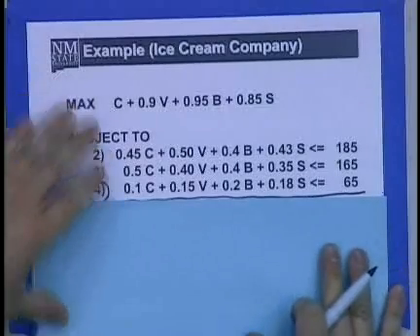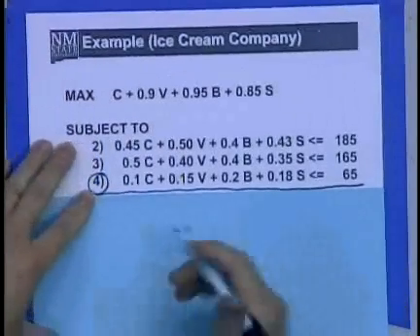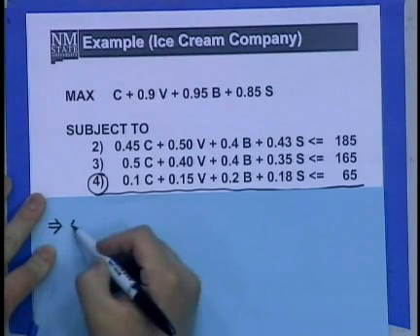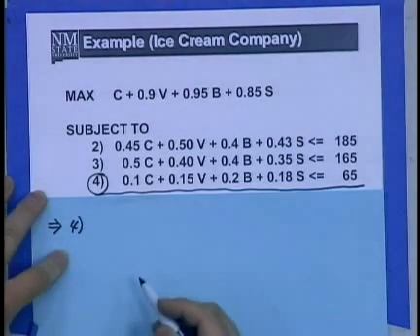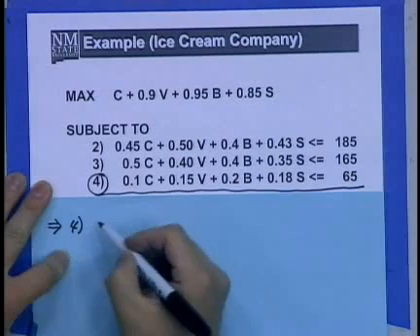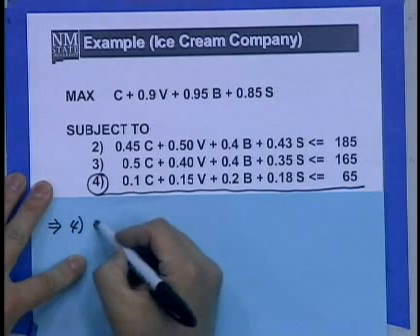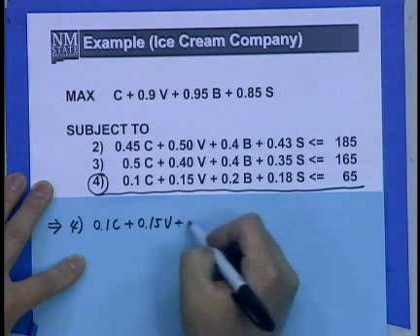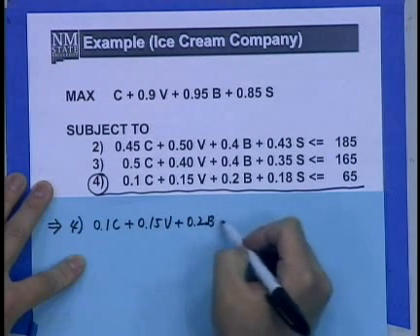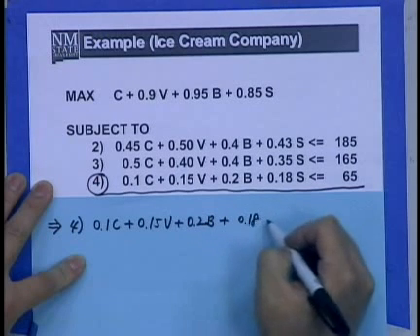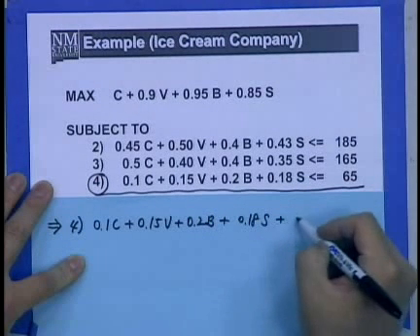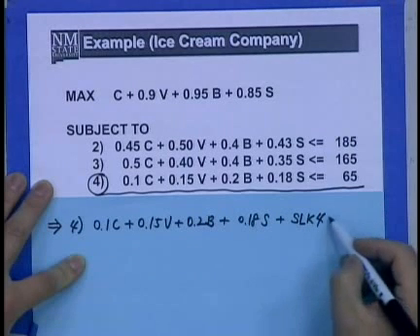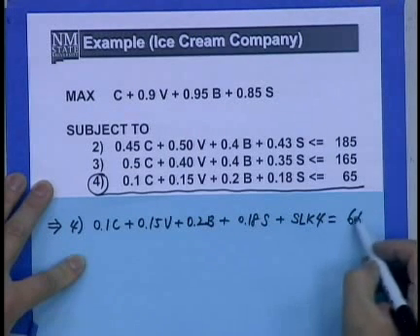So, by introducing the slack variable, this row number 4 becomes the following equality constraint: 0.1c, 0.15v, 0.2b, 0.18s plus slack 4 equals 65, right?